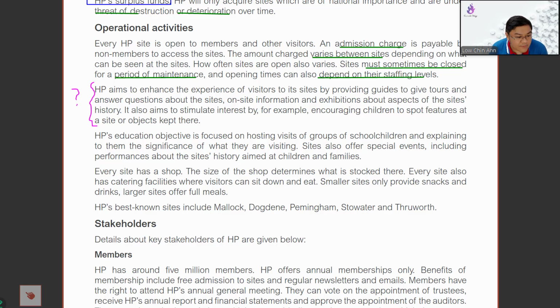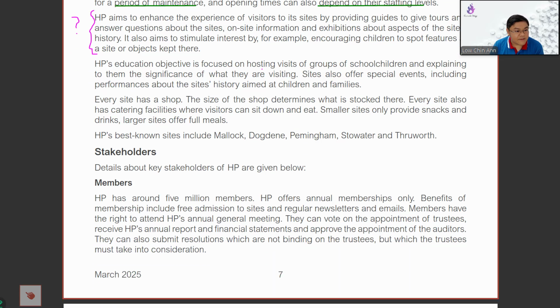HP's education objective is focused on hosting visits of groups of school children, explaining to them the significance of what they are visiting. The sites also offer special events such as performances about the site's history aimed at children and families. Every site has a shop. The size of the shop determines what is stocked there. Every site has catering facilities where visitors can sit down and eat.